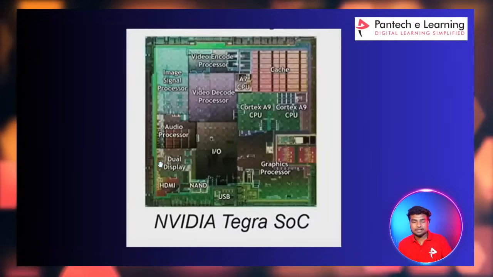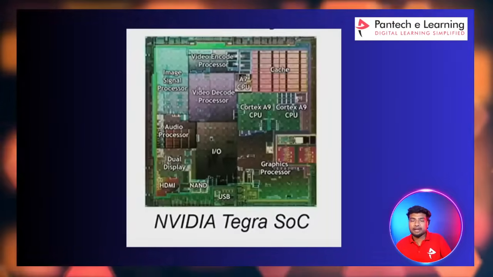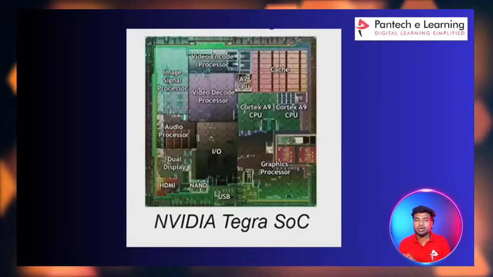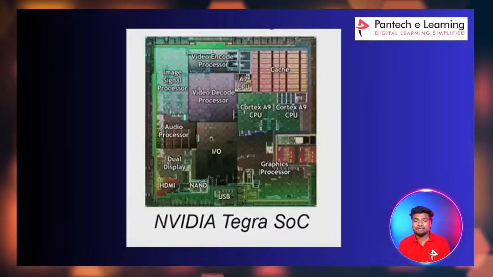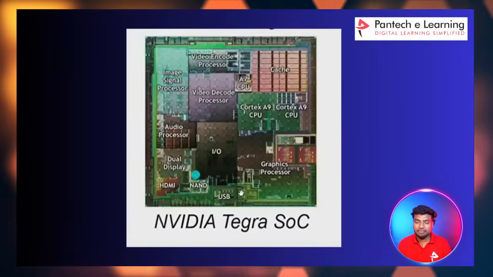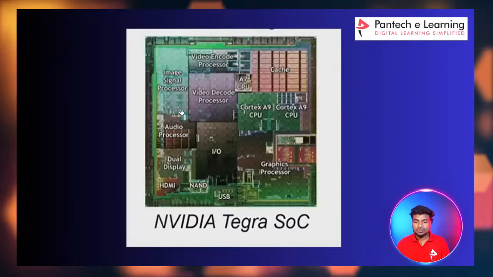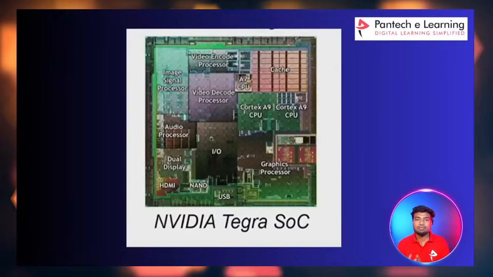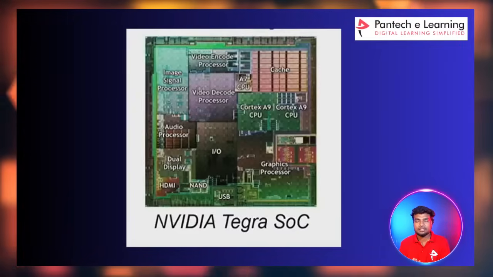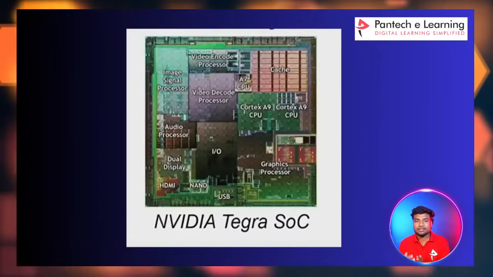Yesterday I said we have a variety of chips like SoC chip, microcontroller, microprocessor, ASIC chips, FPGA chips. This is a system on chip, the kind of chip we have in our mobile phones.